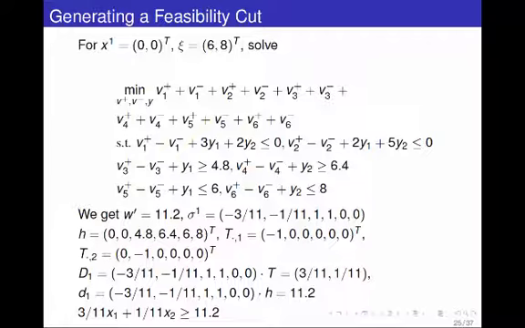We can move to step 3 of the L-shaped method, no problem. But it might be over here. So I just generated here a half space that I will add to my master problem.